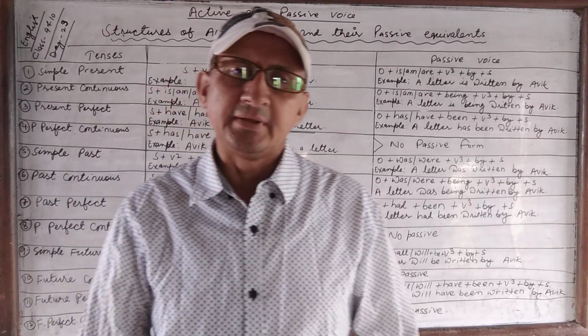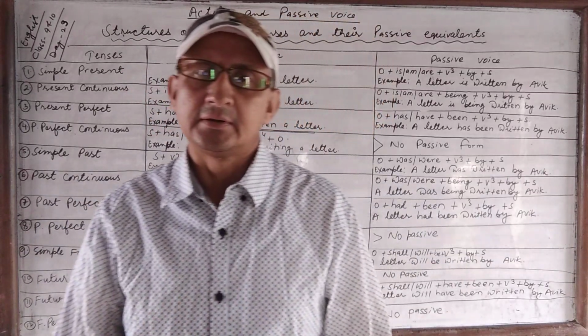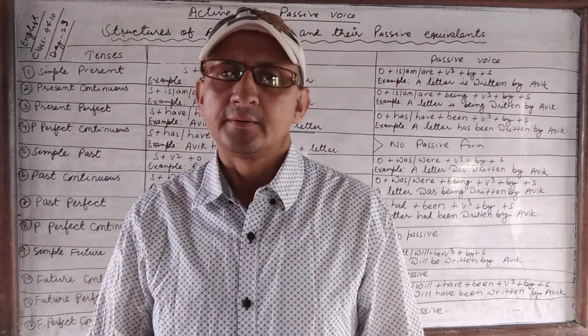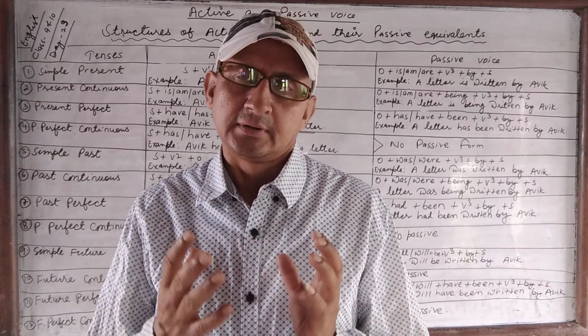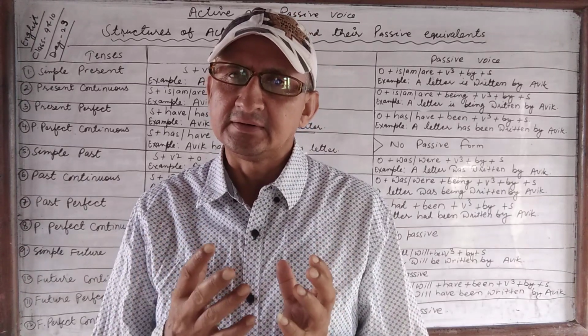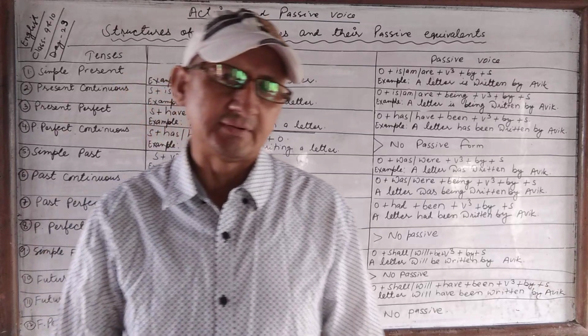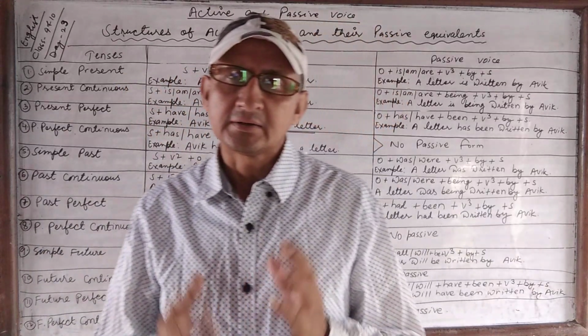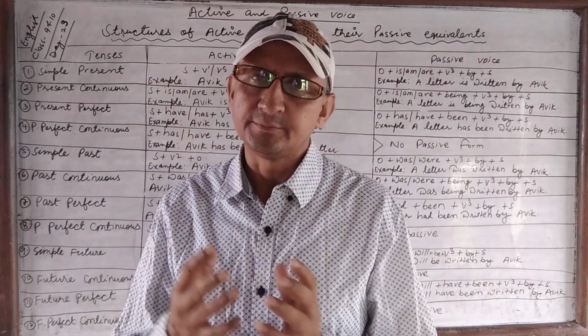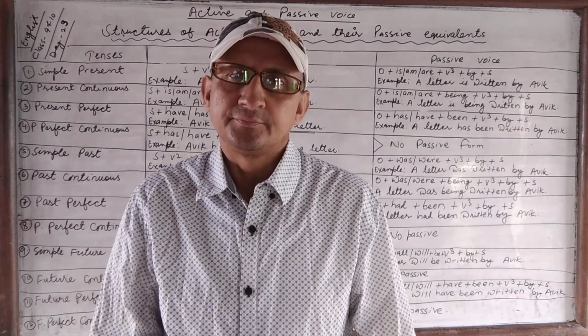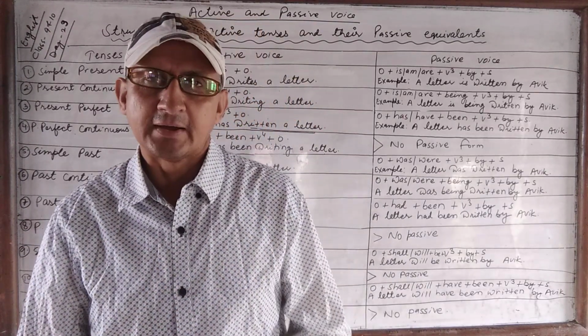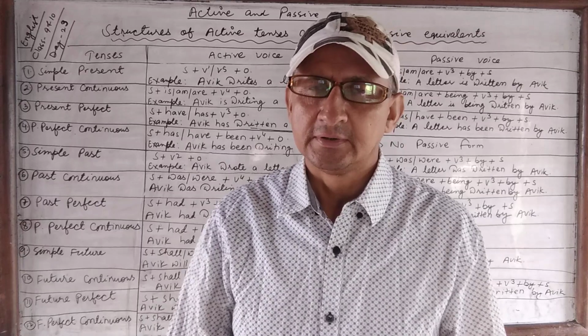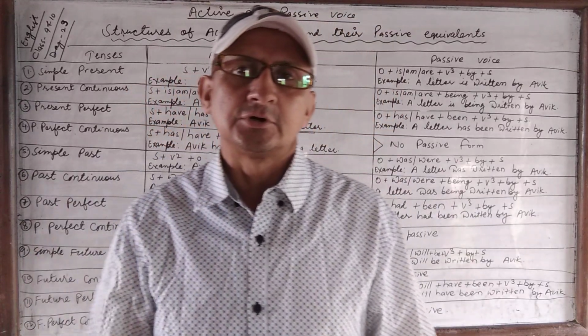We have learned the basic steps or basic rules of changing active voice into passive voice. While converting active voice into passive voice, first you have to find out the active structure.